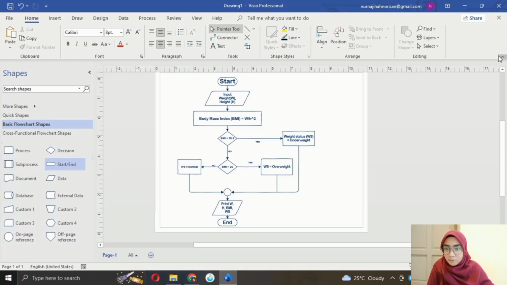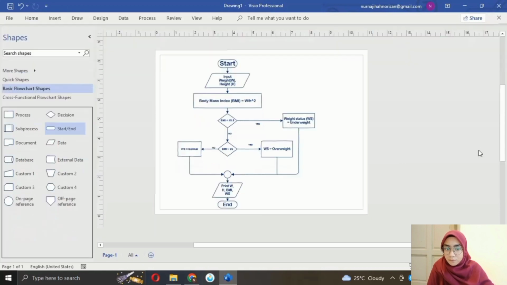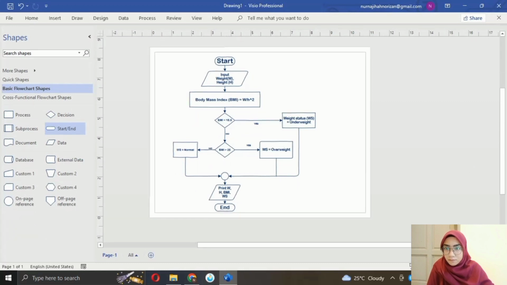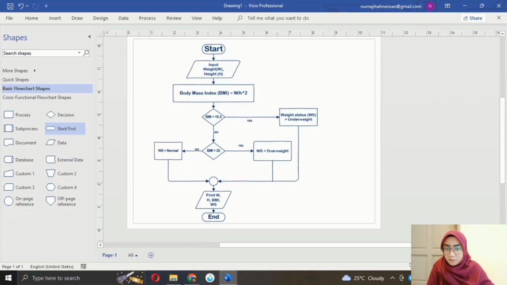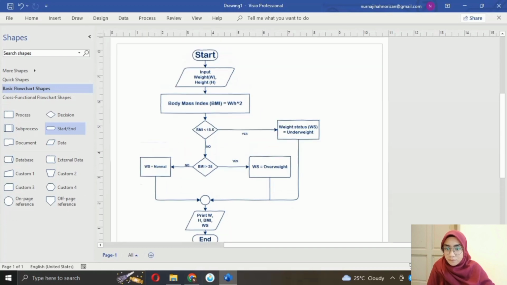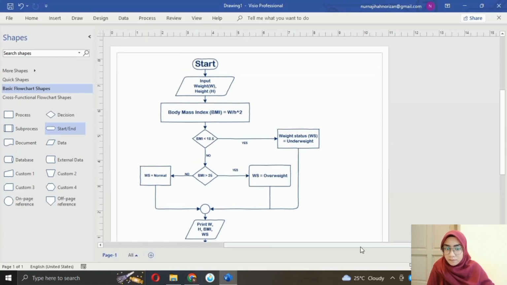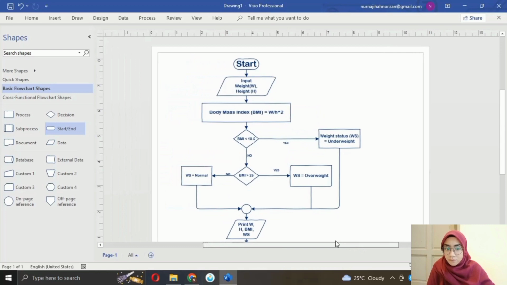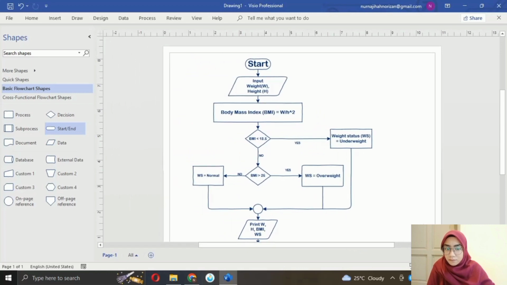program the process. So Maleni is doing a study on various weight loss plans and needs to determine an individual's weight status by calculating his or her body mass index. To calculate a person's body mass index, height must be measured in meters and weight must be measured in kilograms.